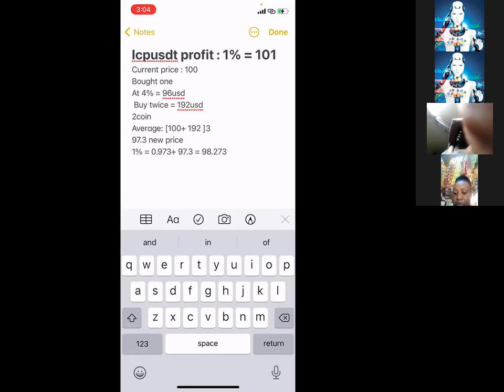That means it's $30. You will now be earning 1% of the $30 by the time the market gets to 98.273. Market doesn't need to get to 100 anymore. Your market does not need to get to where you enter this to give you profit. That is the powerful thing about the martingale strategy. You may enter a market at a higher price, but the market can close for you in profit on a lower price. Why? Because it has picked up margins for you.